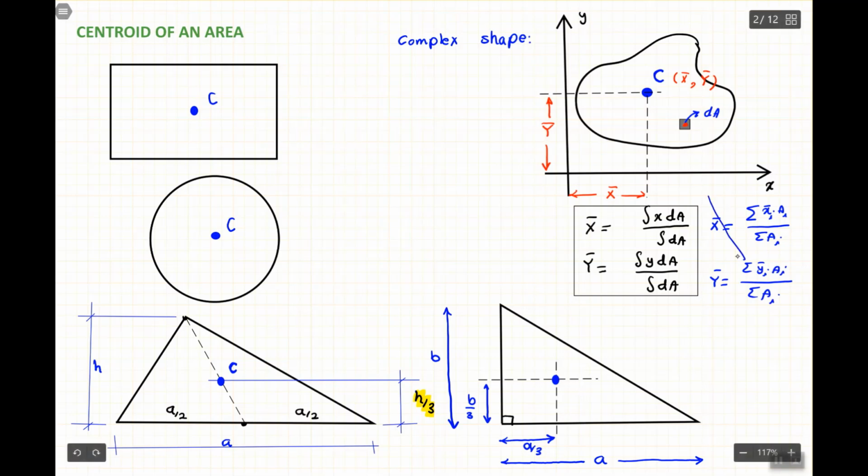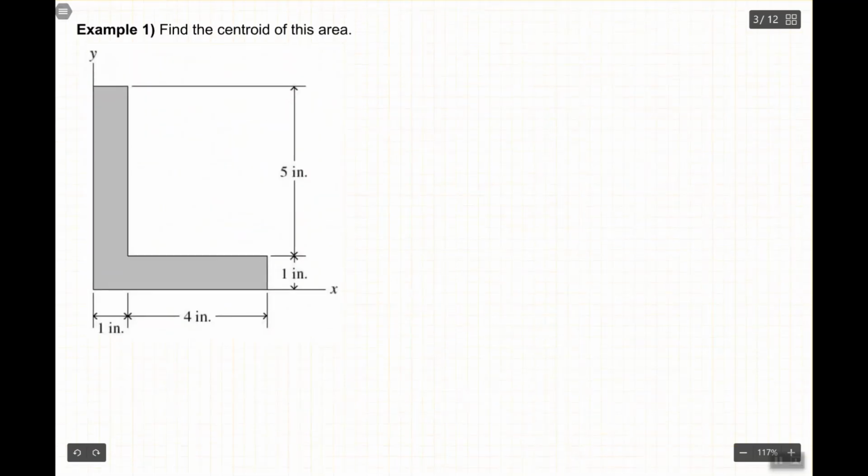In fact, this is the formula that we will be using in this course, which I will show you in one example.